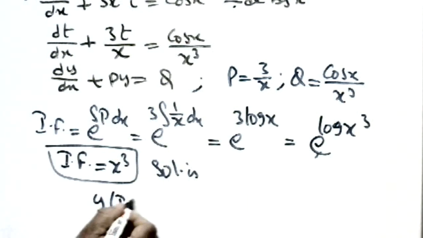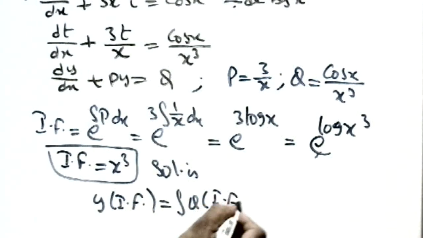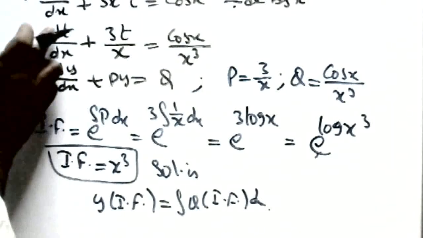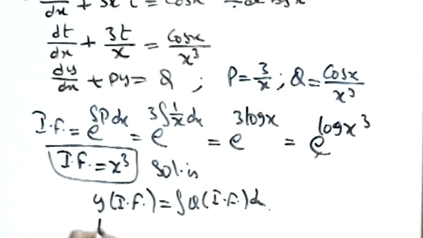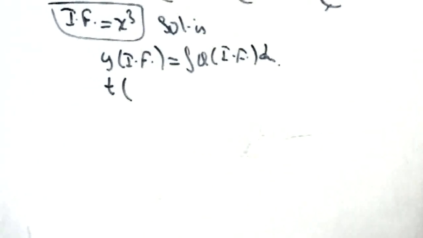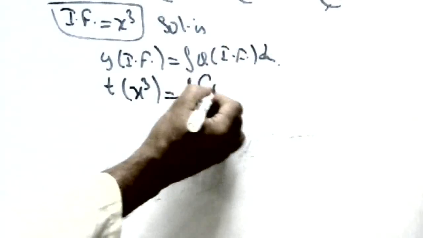Now the solution is y into integrating factor equals integration of q into integrating factor dx. Now we don't have y here. In place of y, we are having t here. So t into the integrating factor, which we got as x cube, equals integration of q.